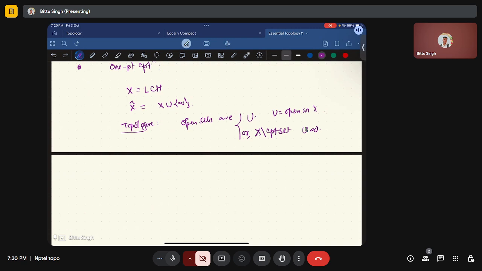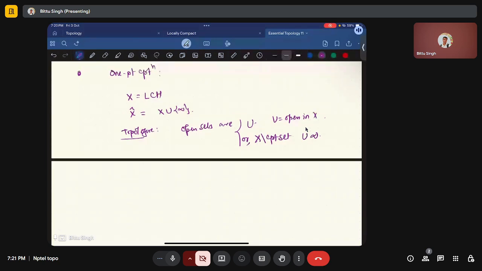First, we have only added one point. Another is that X hat is a compact Hausdorff space which contains X. But one problem arises if we take the definition as this. The closure of X may not be X hat. So this may not be true.